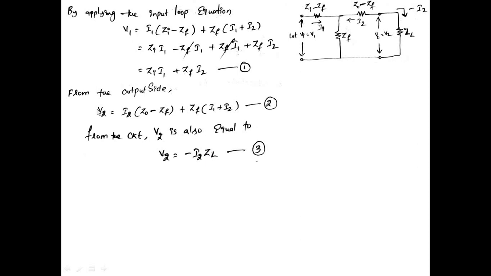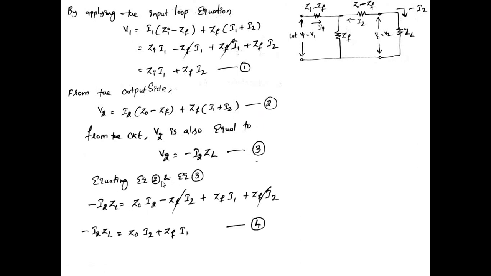Now for V2 we have two different equations. Let us equate equation number 2 and 3. Minus I2 into Zl is equal to, expanding this, I2 into Z0 minus I2 into Zf plus I1 into Zf plus I2 into Zf. Now minus Zf I2 and plus Zf I2 cancel with each other, and only the terms I2 and I1 are left.